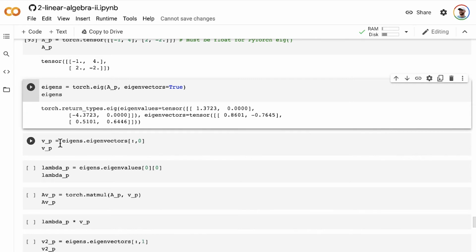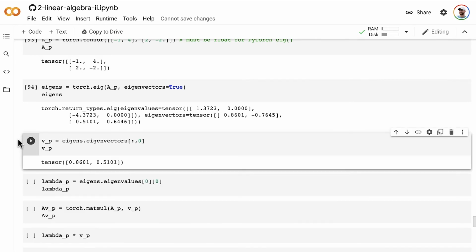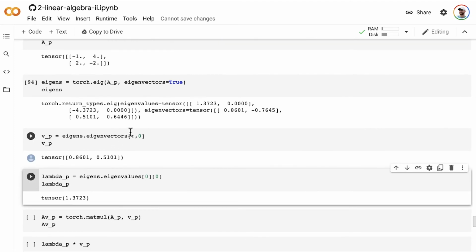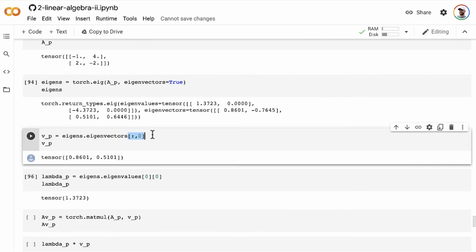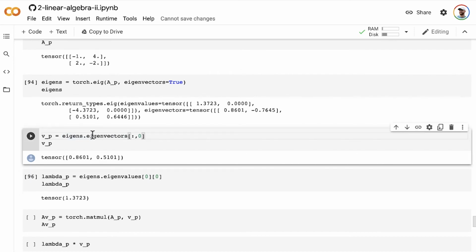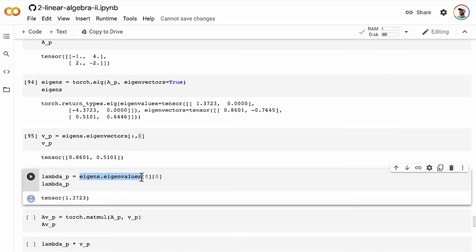So let's have a look at our first eigenvector. And we can also look at our first eigenvalue by using these particular notations to cut through the various layers of the eigens onion and access the eigenvector that we would like, in this case the first eigenvector, and the eigenvalue that we would like, in this case the first eigenvalue.